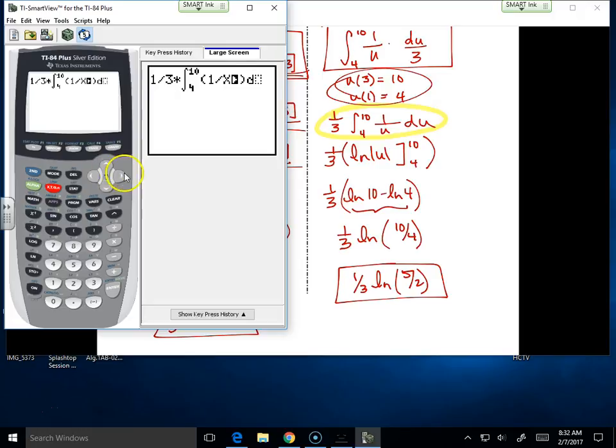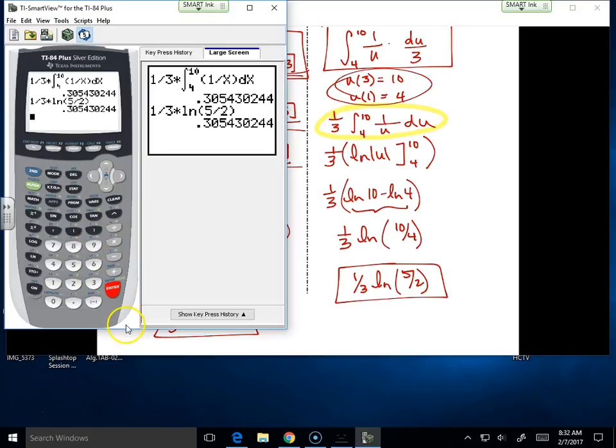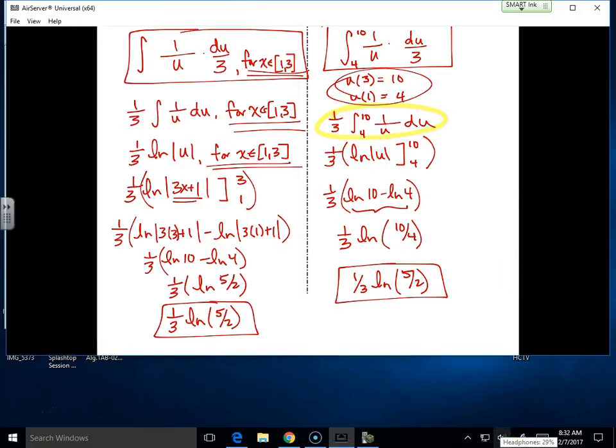There we go. So in that x, make sure you end it with a dx. If you want to put in u and du using the alpha button, you can. You would end up with, and is that at all similar to what we think it is, which is ln of 5/2, and the answer is yes. Nice. All right, let's go back.